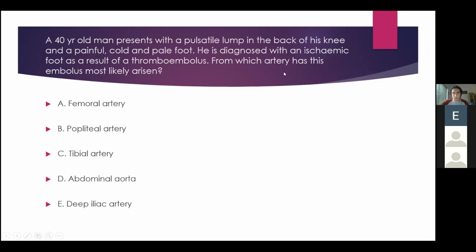Okay, this one's one of the questions that I wrote. In fact, it's the only question I wrote because I couldn't find any questions on lower limb arteries, and I thought it was worth knowing. So, Isabel, do you want to have a go at this one? Sure.